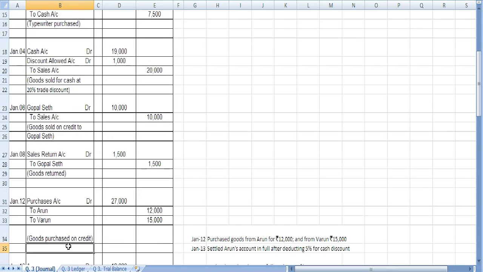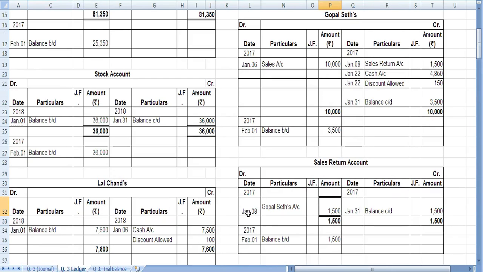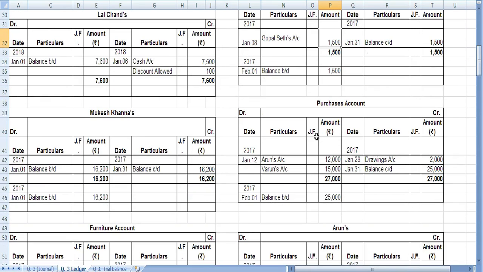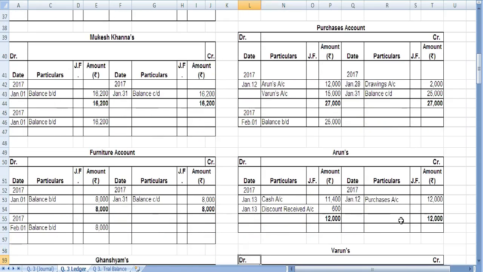Then we have purchases to Arun and Varun. Read separately, purchases to Arun. Let us go to purchases. Here we have purchases to Arun. Now we'll go to Arun, and this will become by. So in Arun's account this becomes by purchases 12,000.